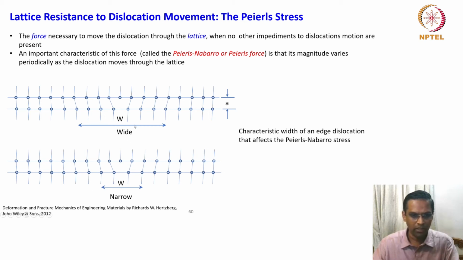Compared to this narrow width, this is a wider width. So what does it mean? It means it is going to be a characteristic of a material, how it is going to distort its lattice in the presence of any dislocation.